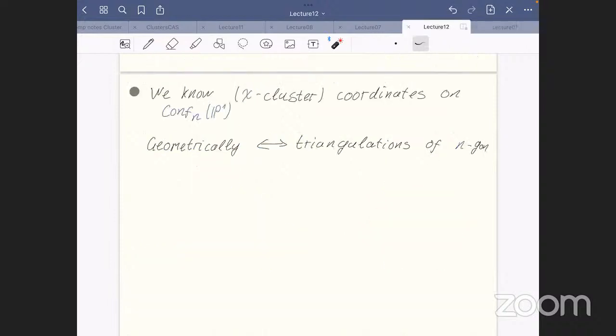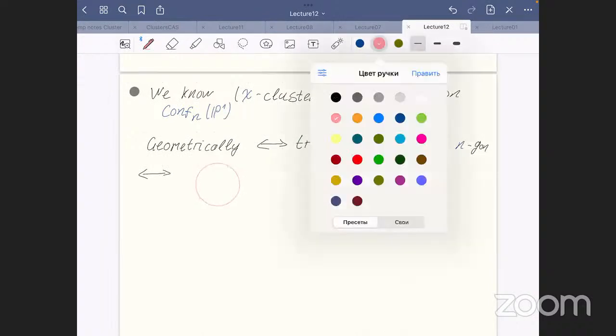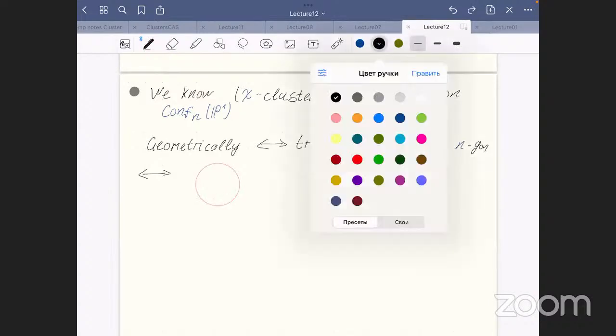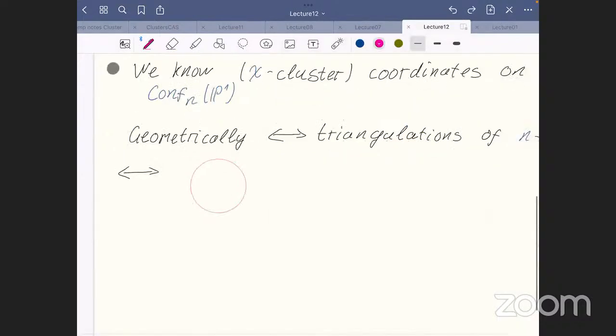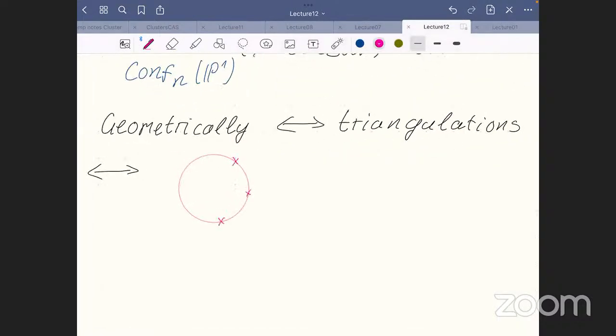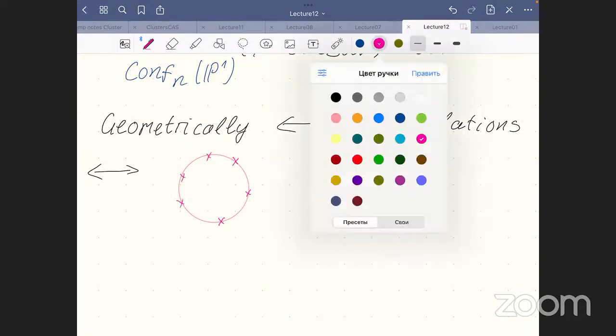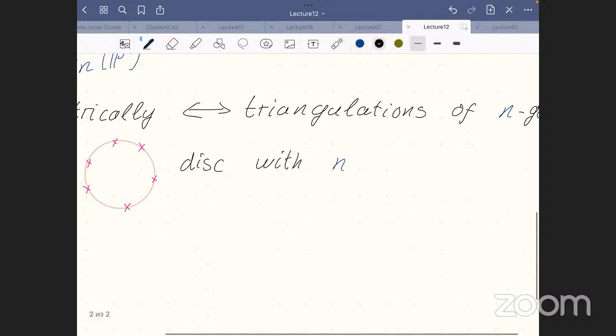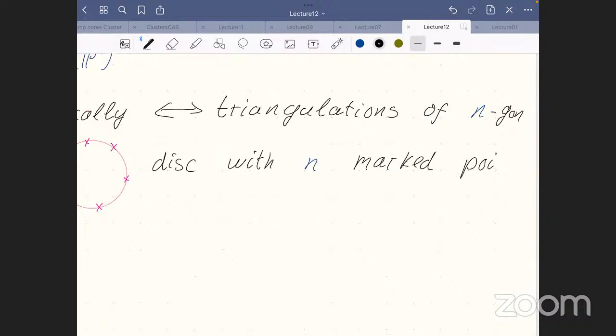So geometrically, instead of this, you can think that you have a disk with n marked points on the boundary.